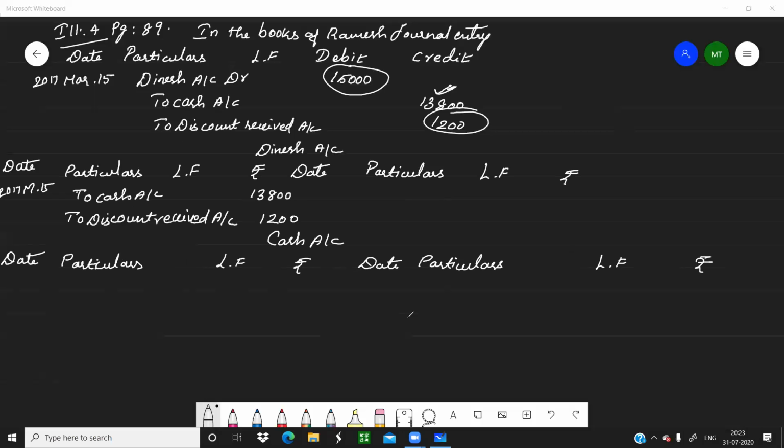So cash account to the credit side. So 2017 March 15. Okay, particulars: by Dinesh account.